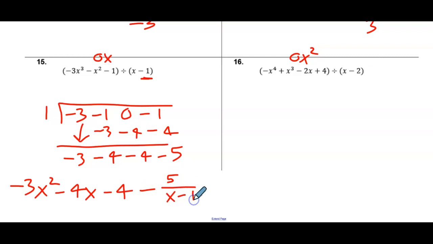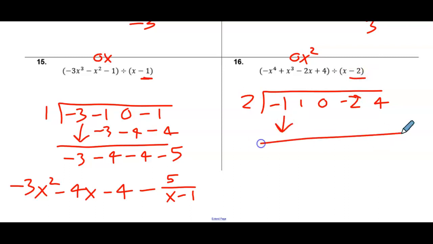Last but not least, we got negative 1, 1, 0, negative 2, 4. And then the opposite of negative 2 is 2, so bring that down. Negative 1 times 2 is negative 2. Add them up. Negative 1 times 2 is negative 2. Add them up.